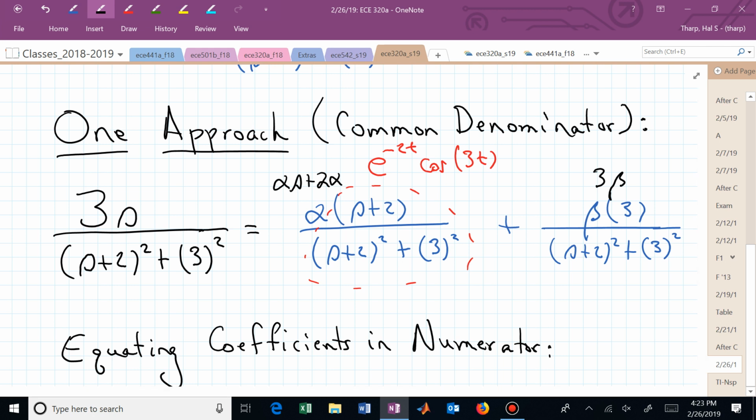But now we have alpha s plus 2 alpha. Is that right? Is that what happens when we distribute alpha across s plus 2? Now I want to say, okay, what on the right-hand side is my coefficient that's scaling s? And it should involve alpha and beta.